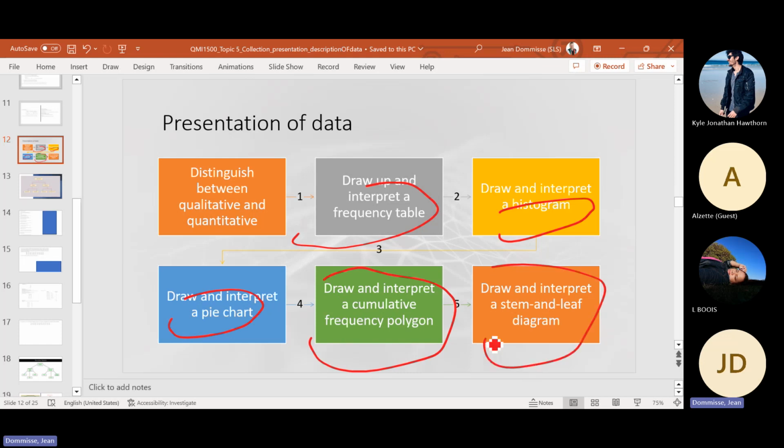They love stem and leaf. So we will look into a stem and leaf as well. What I will also add, and let me also just make a note for myself, a worksheet on presentation of data.